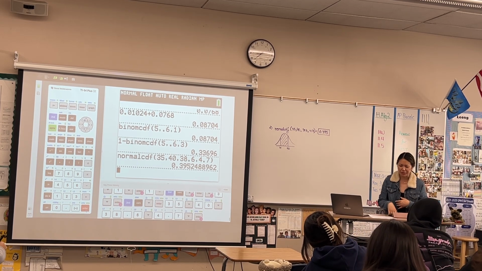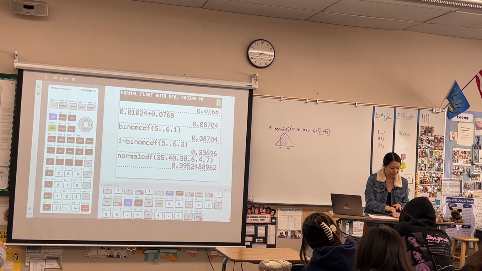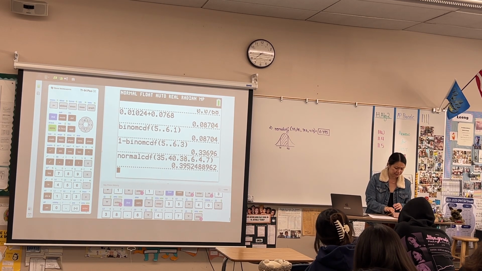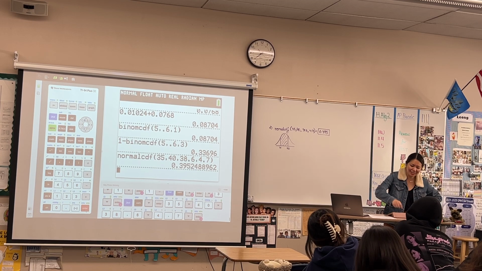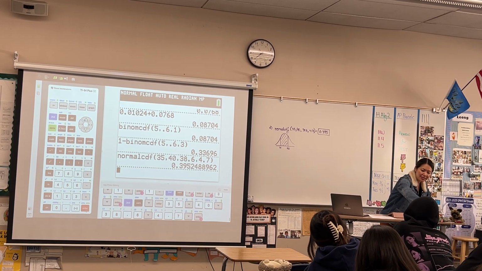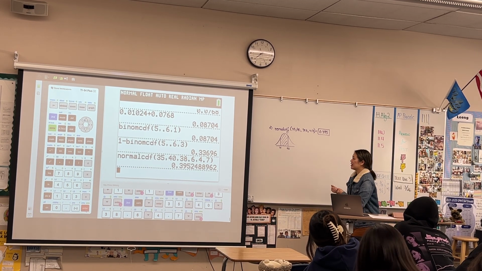Part B is really similar. Skip it. Part C. About what percent of the courier's trips to this customer take less than 30 minutes? All right. Less than 30 minutes.